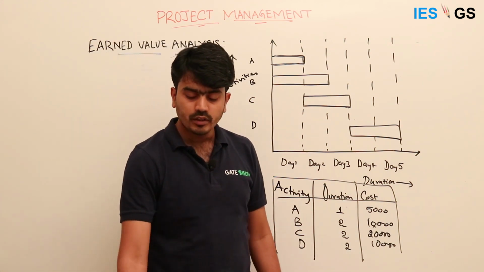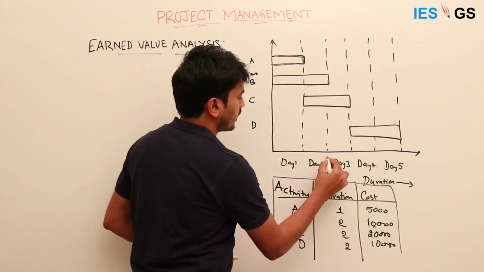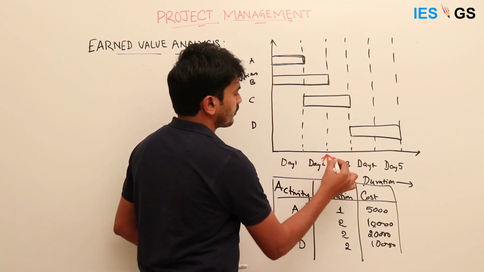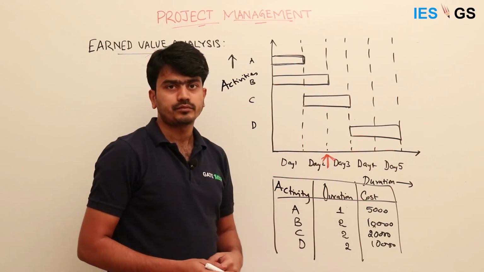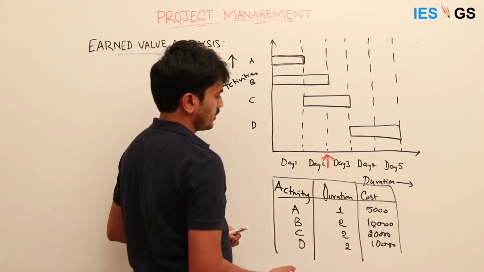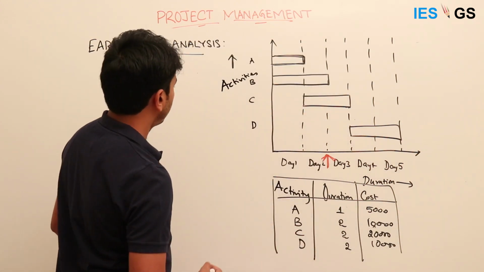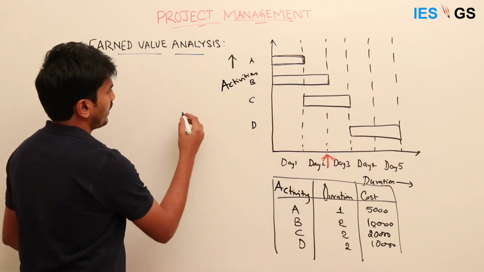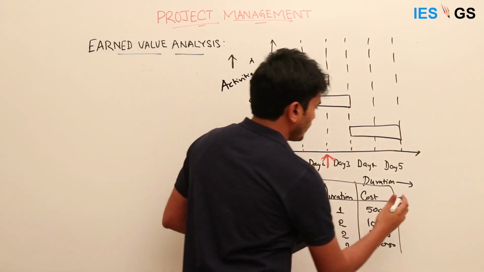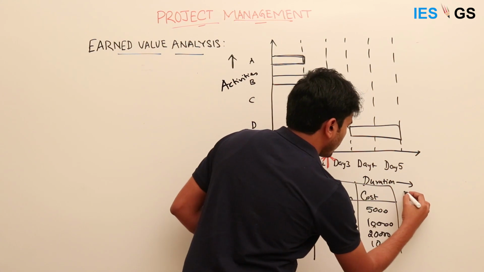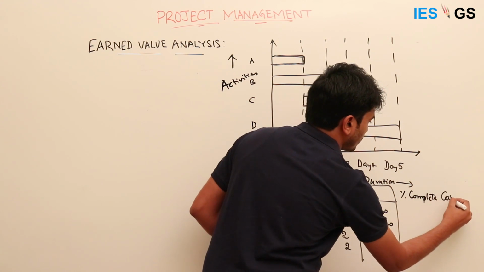Now as part of the review, after we started implementing this project, suppose we are at the end of day 2. Suppose the progress is like this: for each activity, the percentage complete and cost.